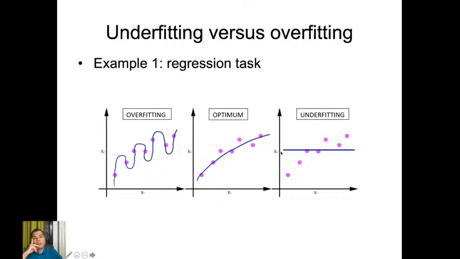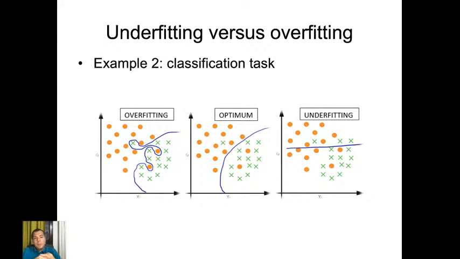In the underfitting case, you're trying to fit this data with a very simple model like a constant function, where you can estimate the mean of these data points, but your predictions will be very far away for some data points. Okay, and this can also happen in the classification task. If your model is very complex, it will learn to classify all the data points correctly.